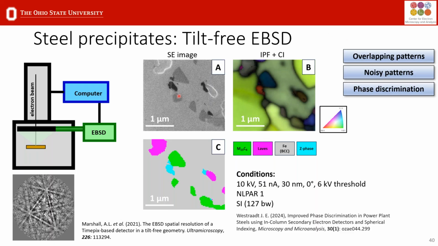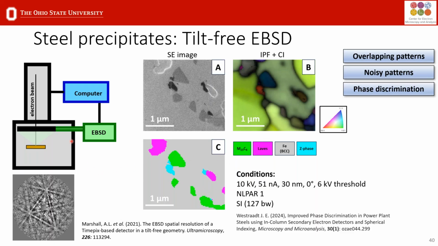So we applied it directly on the power plant steel sample. Here's the secondary electron image showing you the different precipitate types, the contrast. And then if you map out the phases, you can see that for a step size of 30 nanometers, we can map out the crystallographic phases reliably that correspond to these different image intensities.